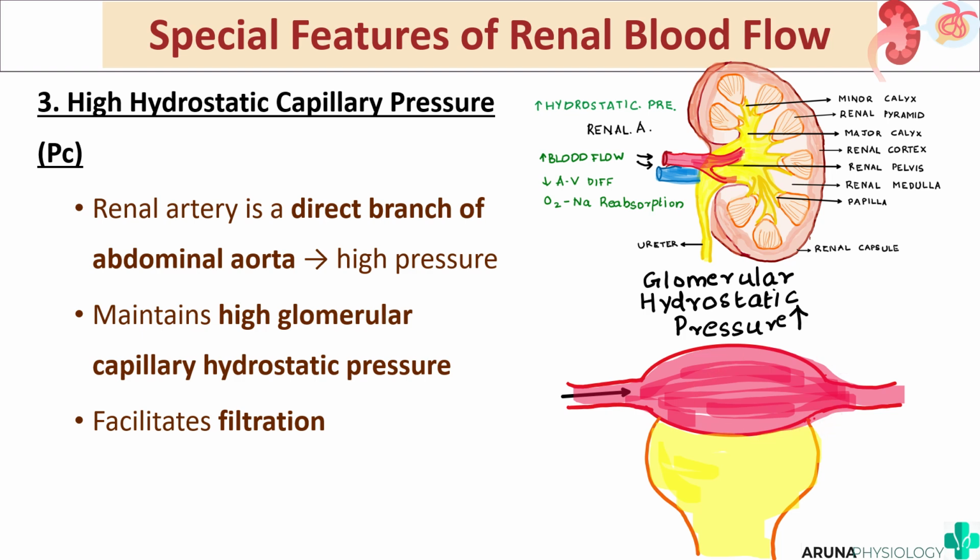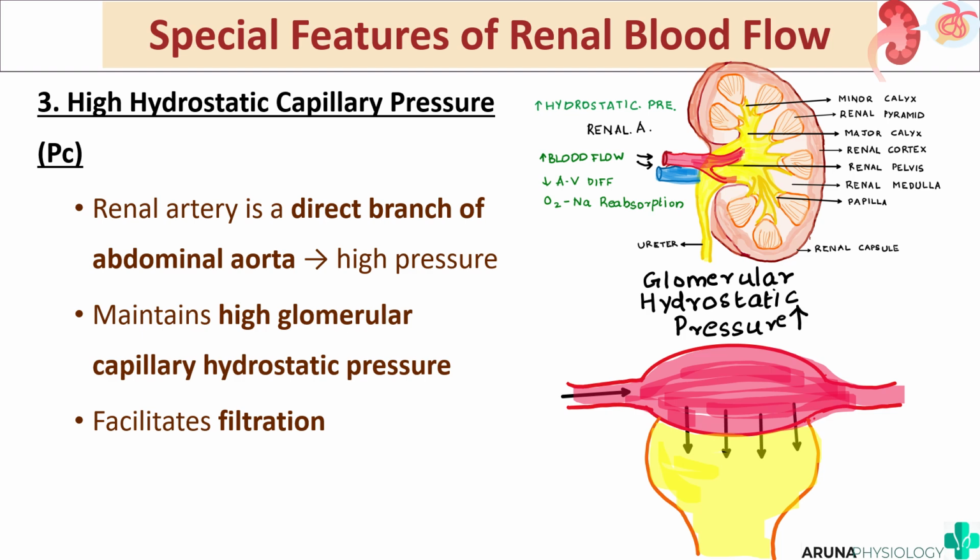It will push the fluid out, right? So the fluid is pushed into the Bowman space, which means there is going to be a good glomerular filtration rate. Because you have a high hydrostatic pressure, you're going to have a high GFR.